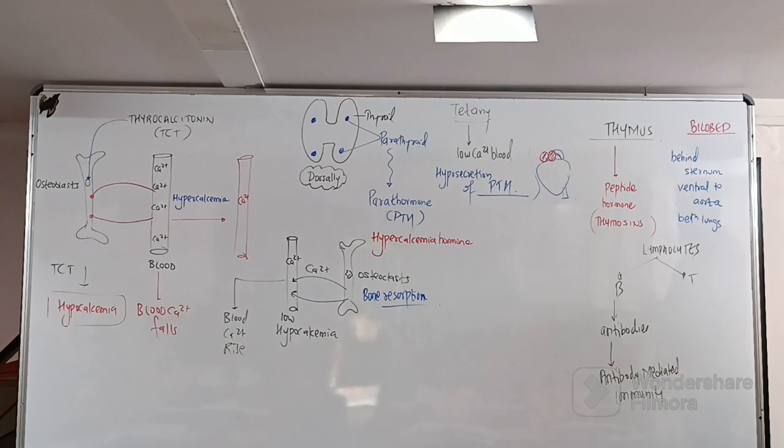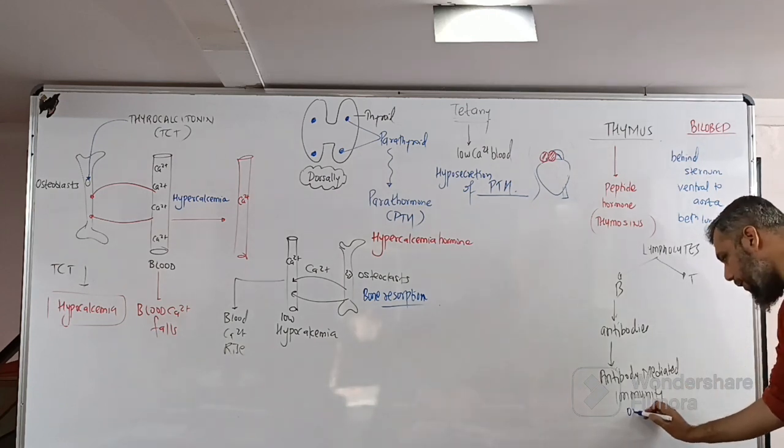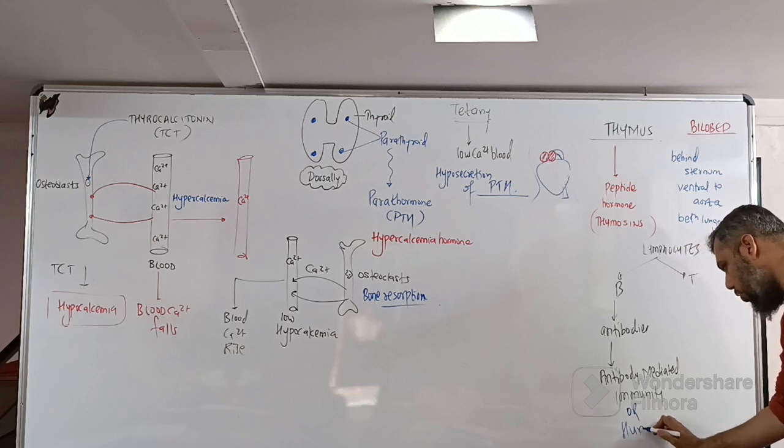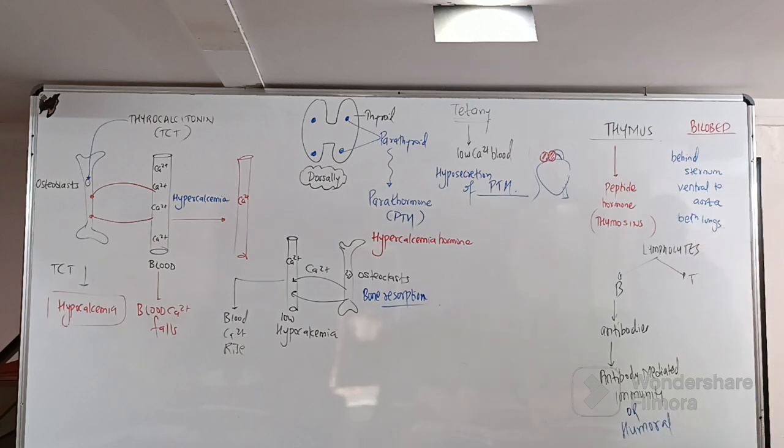Antibody mediated immunity is also known as which immunity, children? Humoral immunity. And what is the meaning of the word humor? Humor means body fluids. So it is called humoral immunity or the antibody mediated immunity.